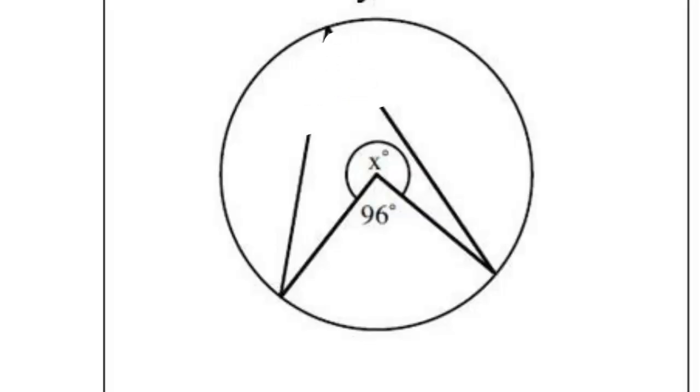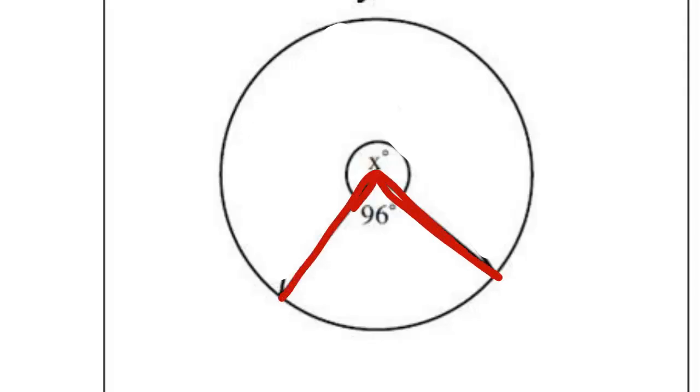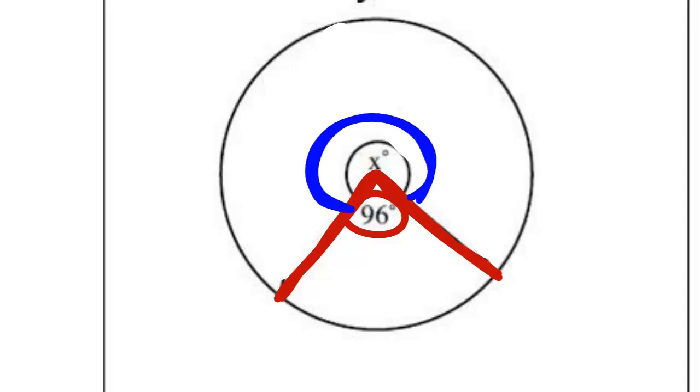So I'm going to imagine that I can't see any of this. I know that this angle right here, which is a central angle, is 96 degrees. What would I need to do to figure out how big this angle is?